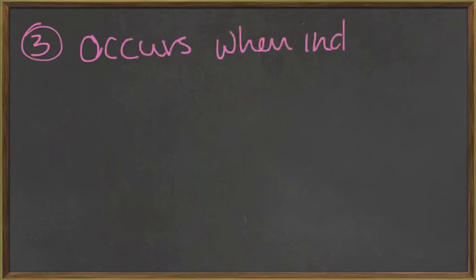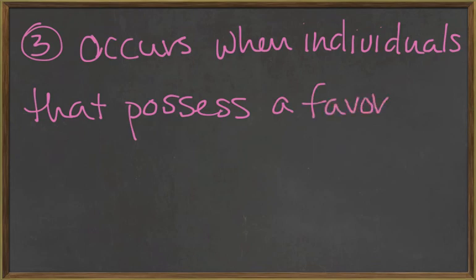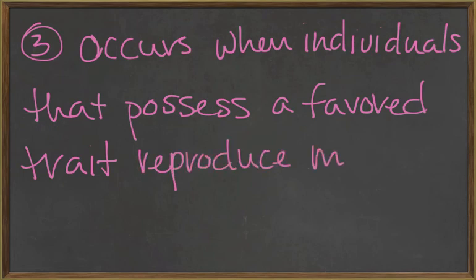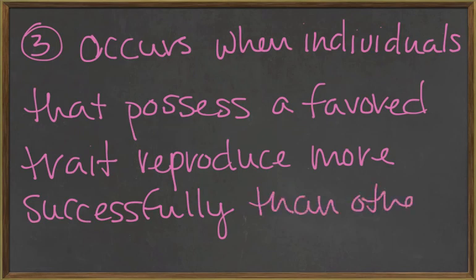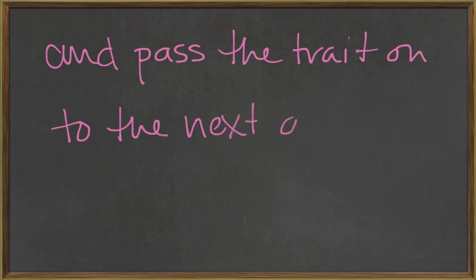Third thing you have to have, it occurs when individuals that possess a favored trait reproduce more successfully than others and pass the trait on to the next generation.